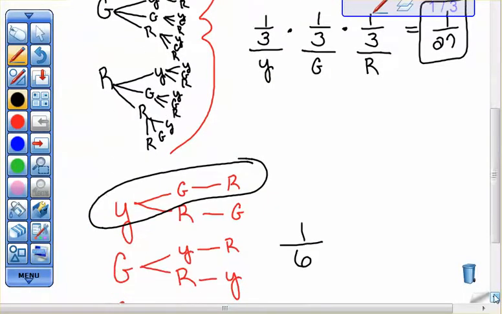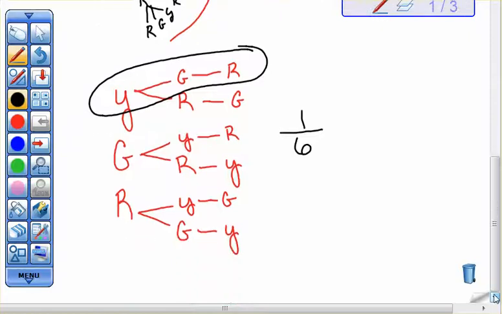Now this works the exact same way even if you're talking about without replacement. So here again, I want the yellow, then the green, then the red. If I want the yellow one to begin with, that would be 1 out of 3 possibilities. But now remember, I'm going to take that yellow ball and set it to the side.